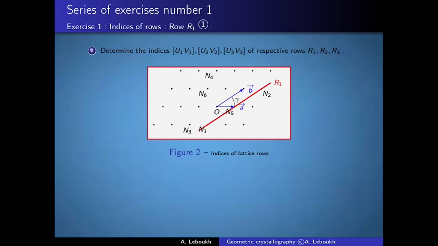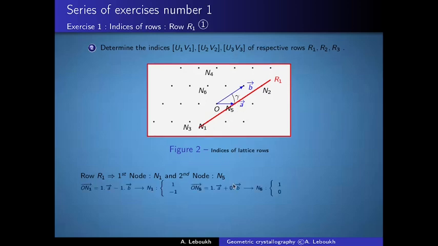Determine the indices U1, V1, U2, V2, U3, V3 of the respective rows R1, R2, and R3. We begin with this row R1. We have the first node N1 here and the second node N5 here. Remark that these nodes N1 and N5 are consecutive.